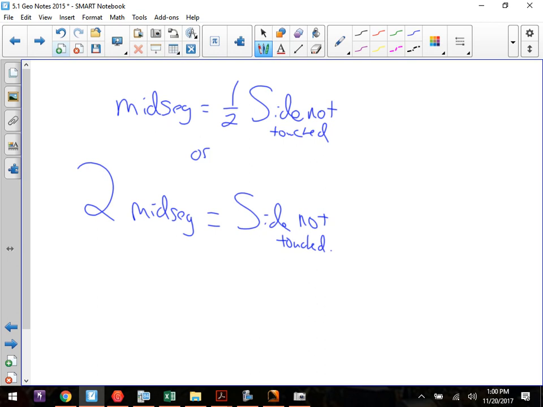And that's what we're looking at today. Those two quick, really easy algebra setups. All right. Mid-segment equals half the side not touched, or double the mid-segment equals the side not touched.